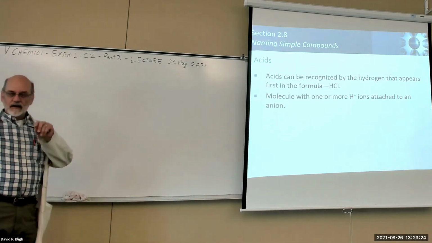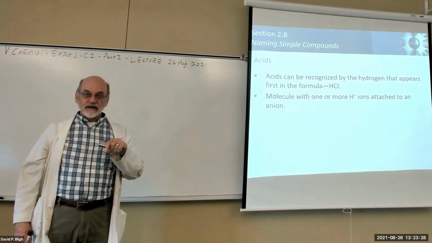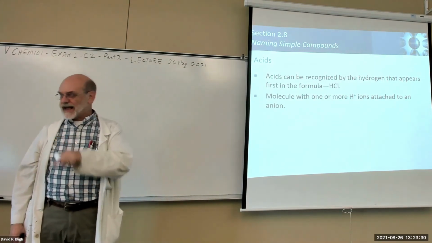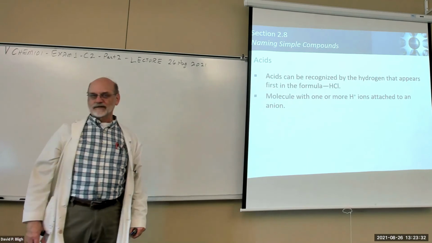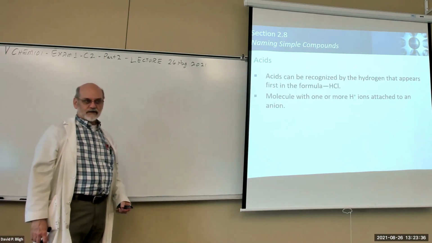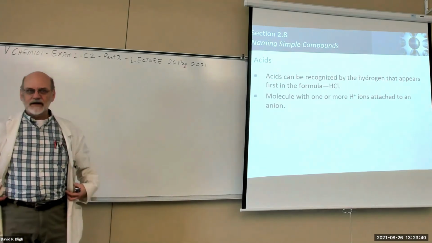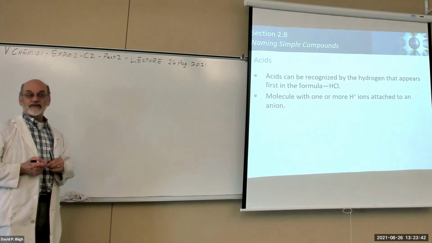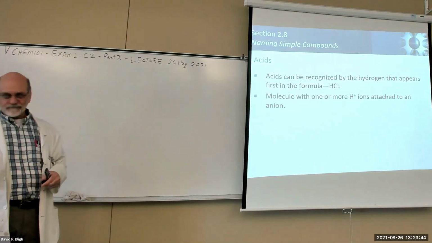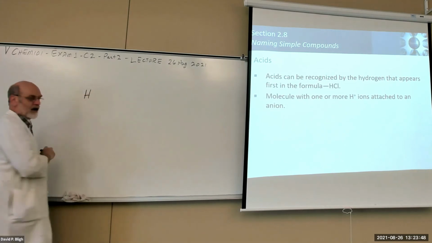First of all, if you're asked to name an acid, you have to ask yourself, is it an acid? That's how tricky some test questions are. They ask you, name this acid, and you look at it and say, that's not an acid. So it has no name. It has no acid name. So first of all, does it have hydrogen as the first element?